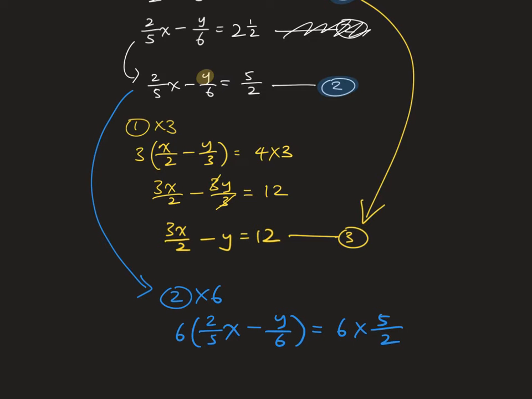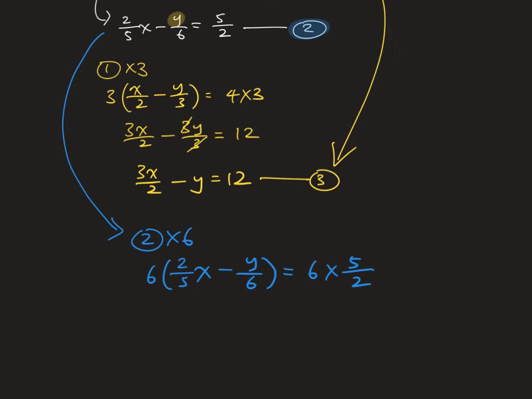I think then it will be a lot clearer for you. Otherwise, over here, you can see multiply both sides by 6. You multiply in 6 times 2 over 5x will give me 12 over 5x. Now 6y over 6, once again, the 6's cancel. And this gives me 30 over 2, which actually equals 15.